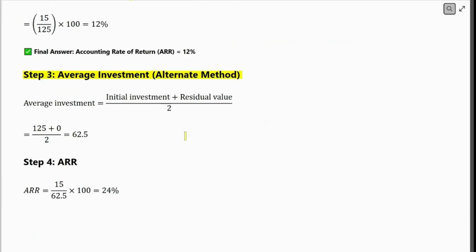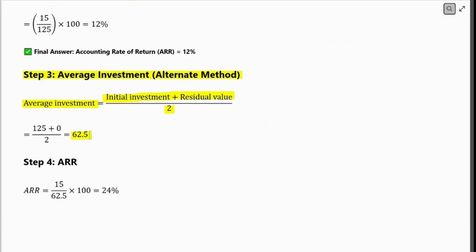Now again, when the official marking scheme is released, we will be checking which method was the most suitable one. Another formula to calculate average investment is initial investment plus residual value divided by 2. Initial investment was 125, residual value was 0. So this turned out to be 62.5.